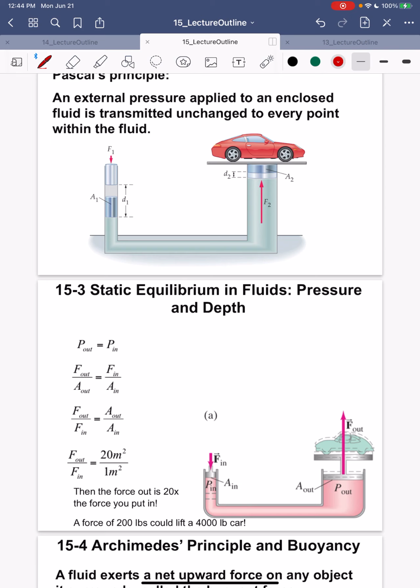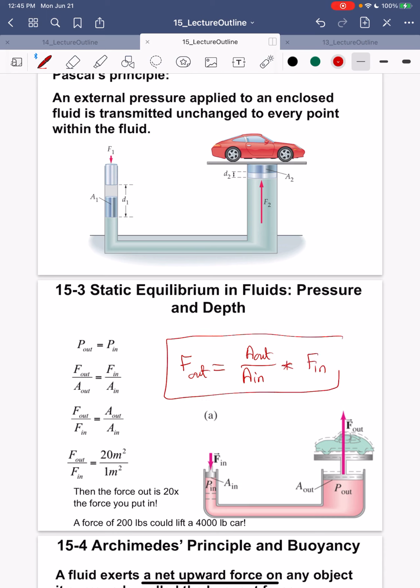The pressure has to do with the force divided by area on the left, and the force divided by the area on the right. Now I can say that if I want to find what F out is going to be, it is A out divided by A in times F in.